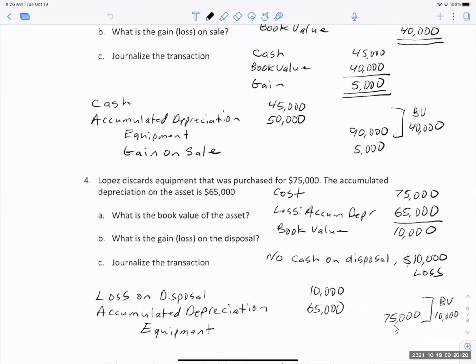So if you net these together, 75,000 minus 65,000, you have a book value of 10,000, right? So you're throwing it away, you're getting rid of 10,000. You're not getting anything for it. Basically, then you are going to have to record a loss. So that's going to be a loss on disposal of 10,000.